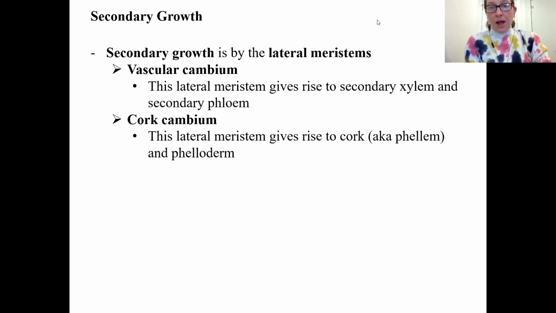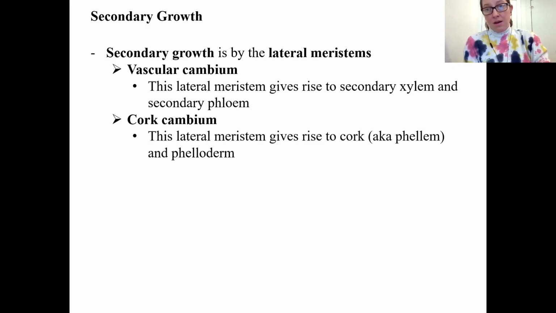Secondary growth is by lateral meristems or meristems on the sides. And there are two types of lateral meristem. There is the vascular cambium and the cork cambium.